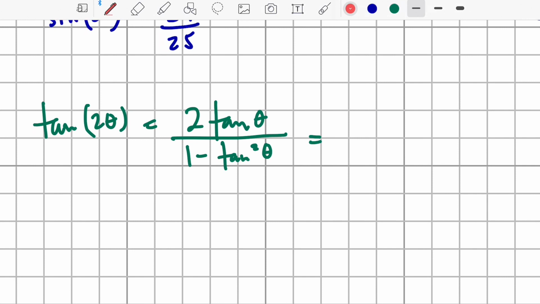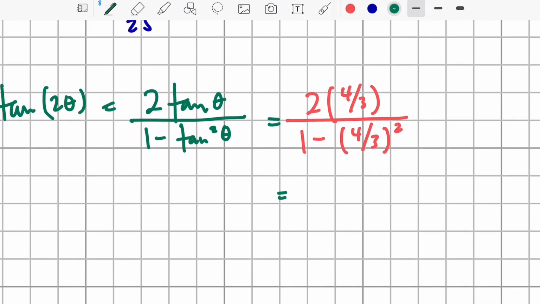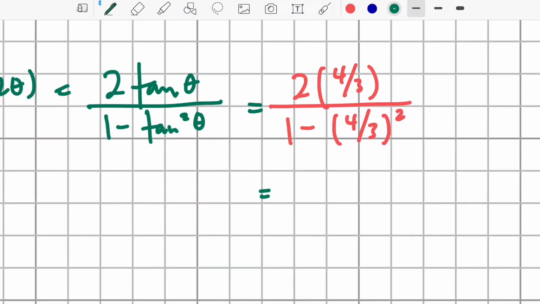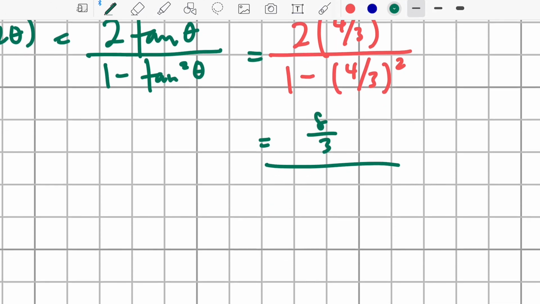So now it'll be 2 times 4 over 3 divided by 1 minus 4 over 3 squared. Let's do the math. In the numerator, we're going to get 8 over 3 divided by 1 minus 16 over 9.